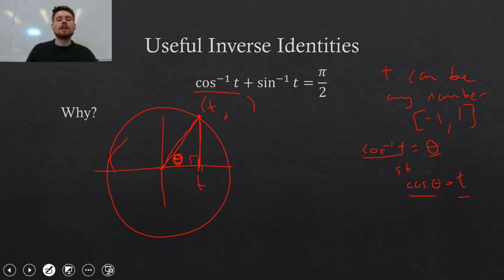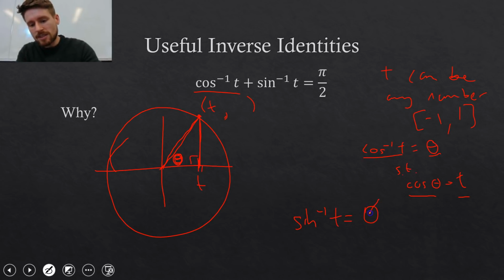Okay, so now we're going to diagram sine inverse of t. What is sine inverse of t? Sine inverse of t is another angle, so maybe we can't use theta, so we'll use a different letter.